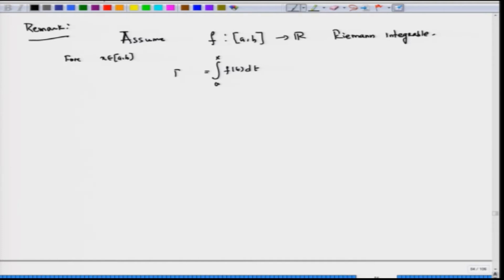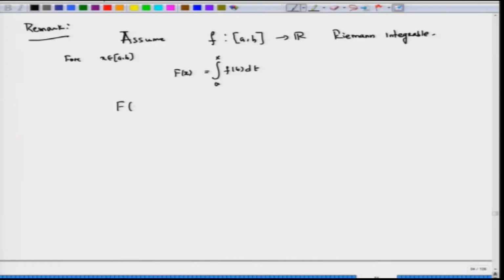Call this F of x. Now, what can we say about this capital F? In the fundamental theorem of calculus, we have proved that if small f is continuous, then this capital F is differentiable. Now, here we are assuming only that small f is Riemann integrable. Now, let us see F of x plus h minus F of x. This is equal to, as we have noticed, the integral from x to x plus h of f of t dt.